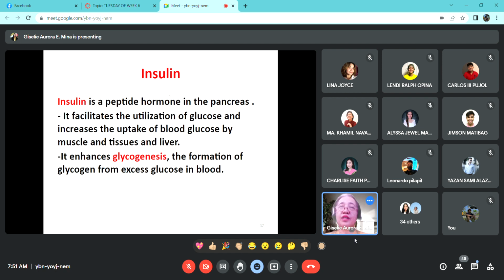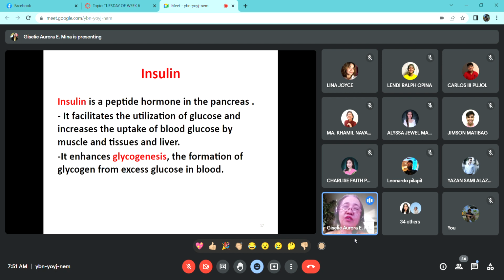But I think after some medications and after a period of time, if the patient is no longer responding to oral medication, then they already inject themselves with insulin.